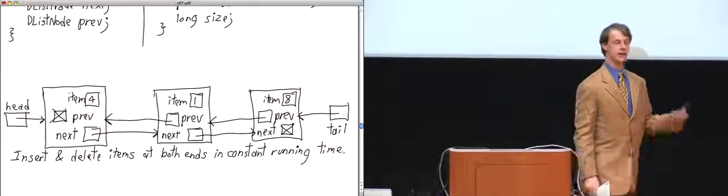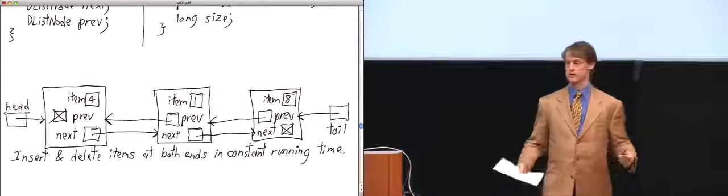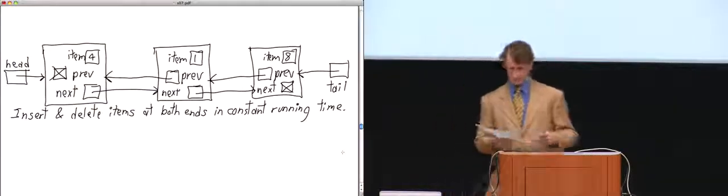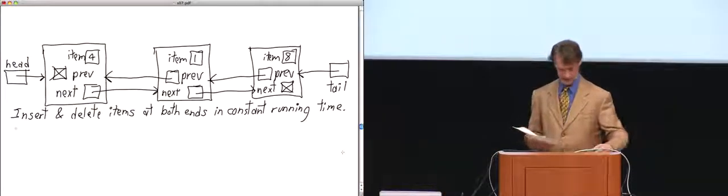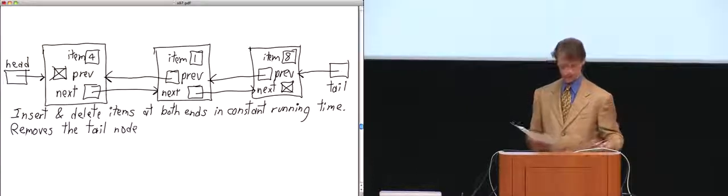It does not matter if there are a billion items in my linked list, these operations are still super fast. And just to give you an example of what this looks like, here's code that removes the tail node from the list. So you can see what this kind of code looks like.